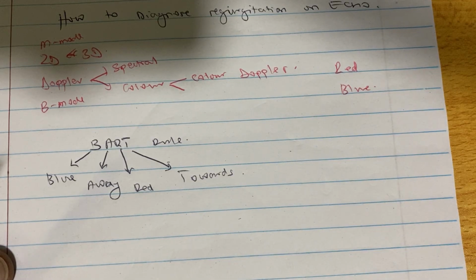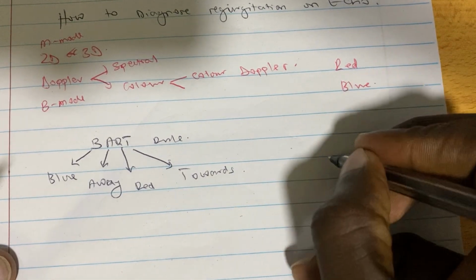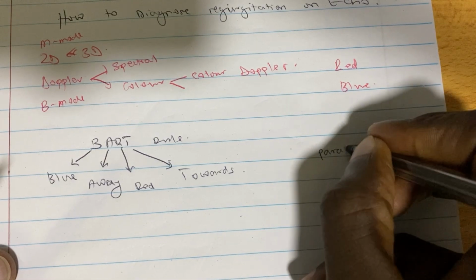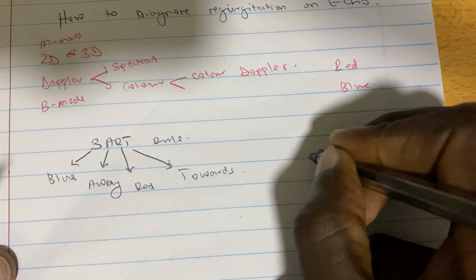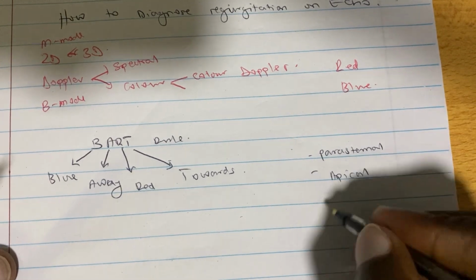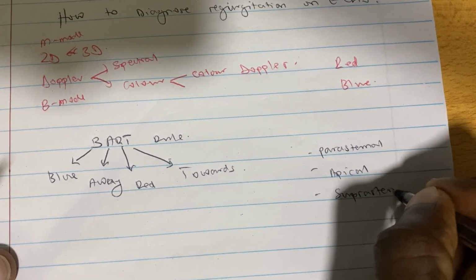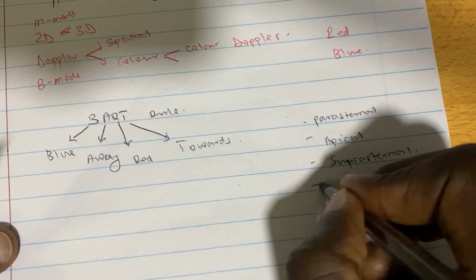Remember the views. How we make the views, we have parasternal views, apical, suprasternal, and then subcostal.